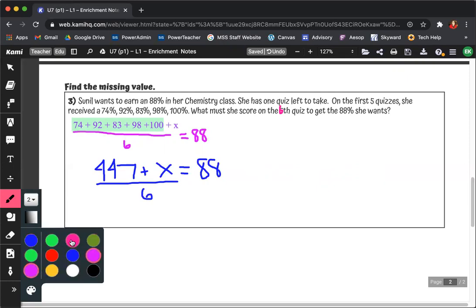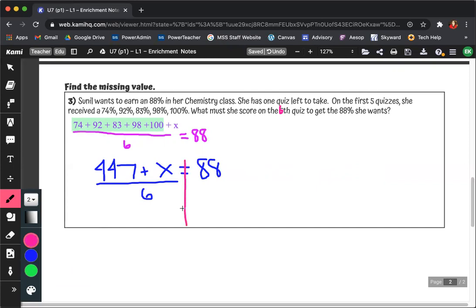So first step, draw my line down the equal sign. On the side with the x, it's being divided by 6, so I'm going to get rid of it by multiplying each side by 6. It should cancel out on the side with the variable. We're left with 447 plus x equals, plugging it into the calculator, 88 times 6 equals 528.